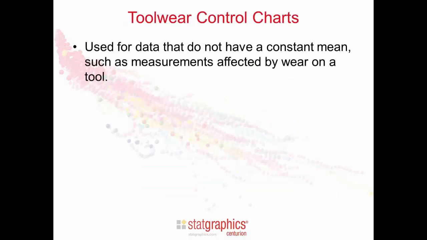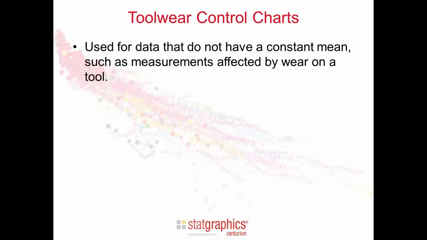All right. The third type of chart I want to talk about today is a Toolwear control chart. A Toolwear control chart is used for data that don't have a constant mean, but in fact have a mean that tends to follow some linear trend. This is common, for example, if the measurements that you're taking are affected by wear on the tool, which is why it's called a Toolwear chart.